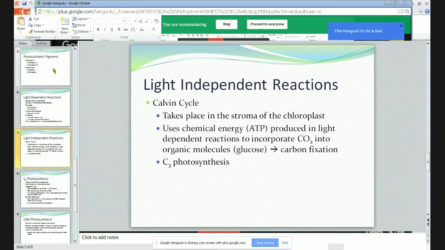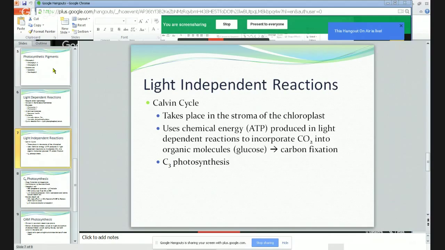With your Calvin cycle, this is going to take place in the stroma of your chloroplast, that semi-fluid matrix. What's going to happen is you're going to take that energy that was produced in photosystem 2 and 1, and that coenzyme NADP plus, and use those to fixate your carbon into a glucose molecule.